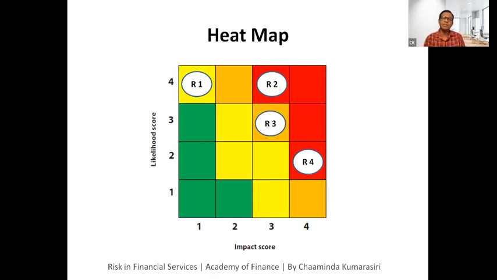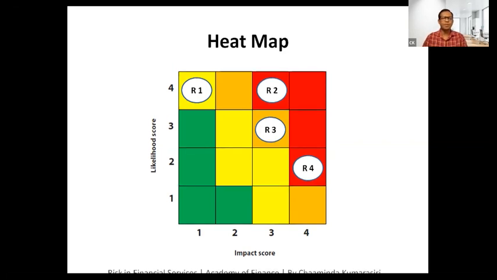You have the risk levels, R1 is 1 level, because based on the score you get, based on the grid you have, you can define, say for example, likelihood 1, 2, 3, 4: 1 could be very low, 2 could be low, 3 could be medium, 4 could be high probability.